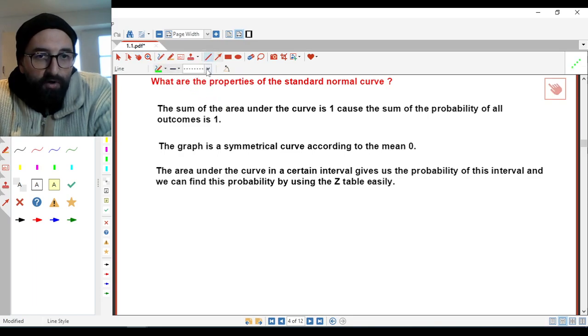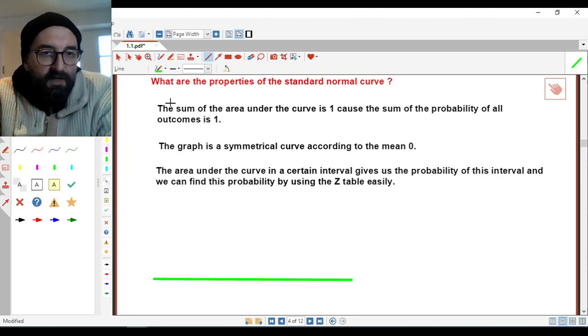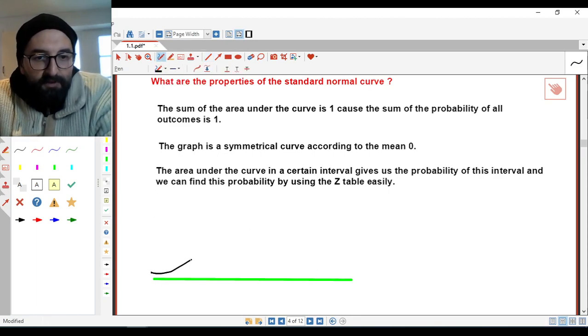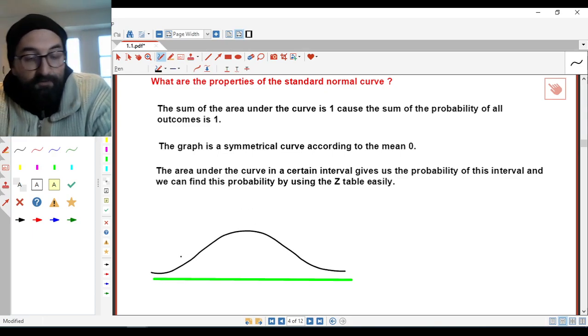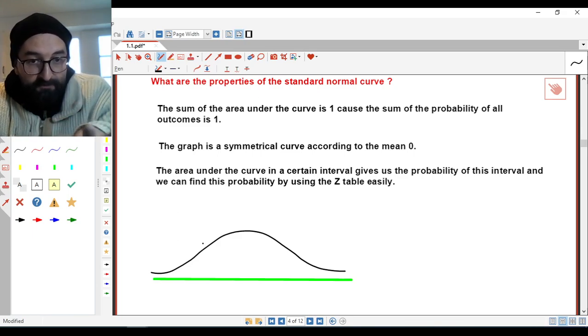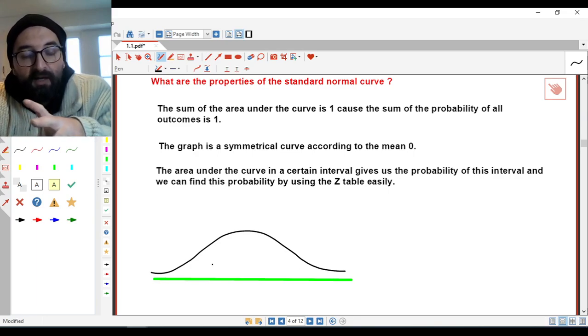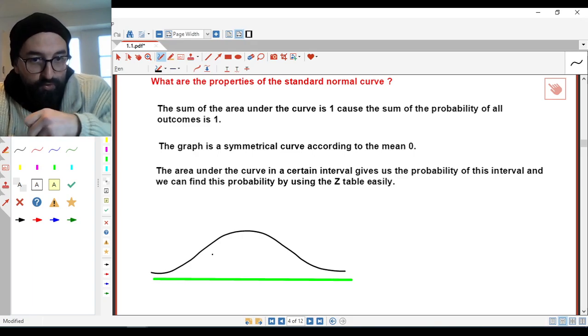The standard normal curve firstly shows us the cumulative function, the probability function, and the area under the curve gives us the probability of some values.